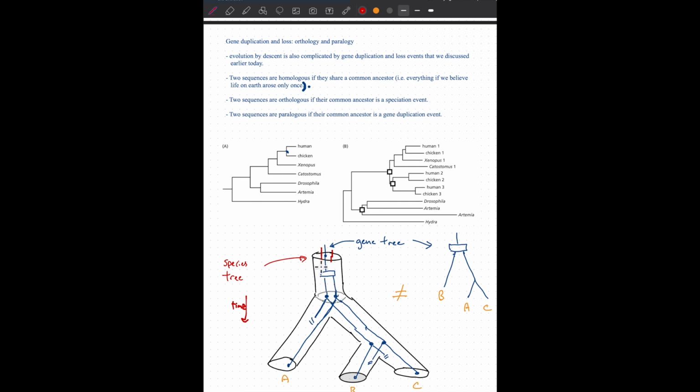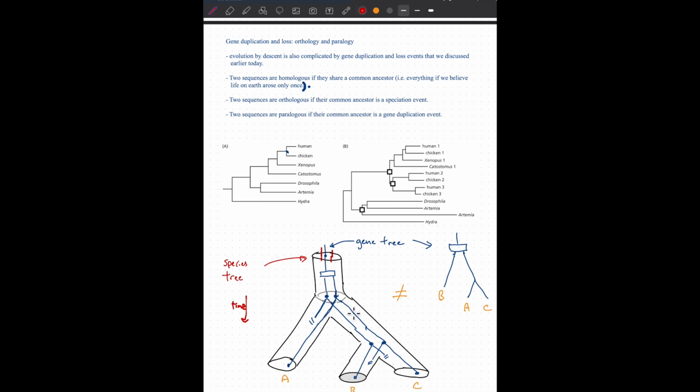In this case here, that bar indicates a duplication event, and they co-evolve until we get a speciation here into a pipe that leads towards species A, and a pipe that leads towards the ancestor of two species, B and C. What you see here is that this gene now has a copy in this lineage, and a copy in this lineage. Likewise, the second copy of the gene has a lineage this way and a lineage that way.